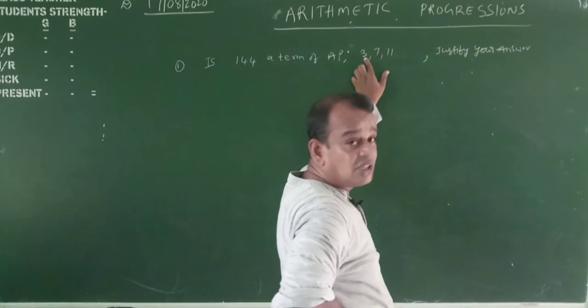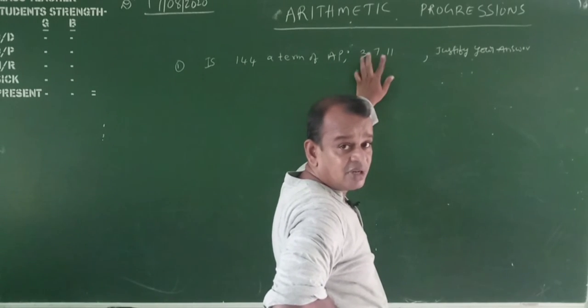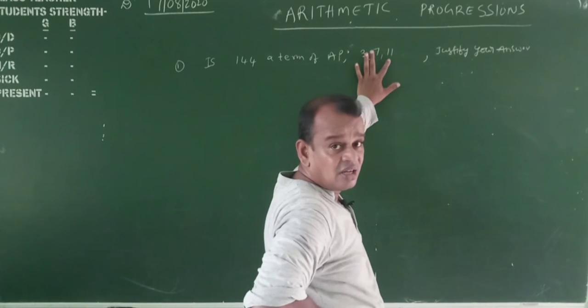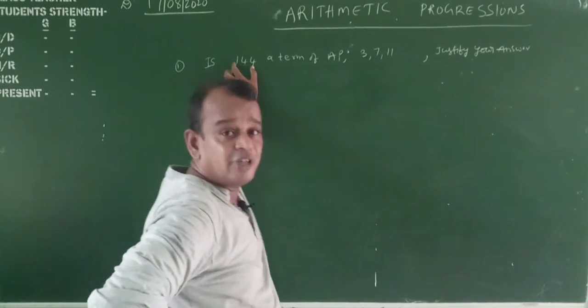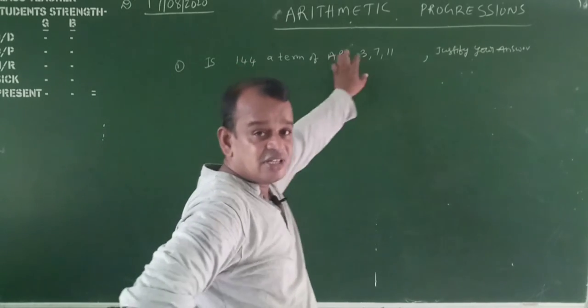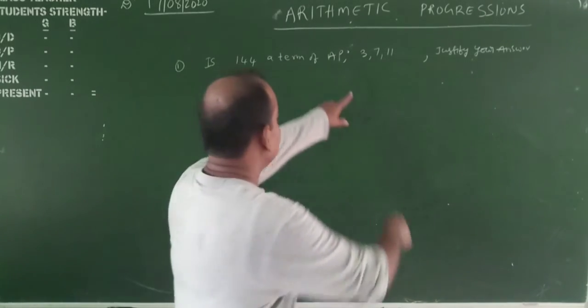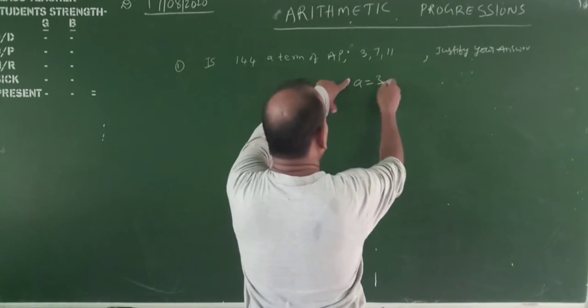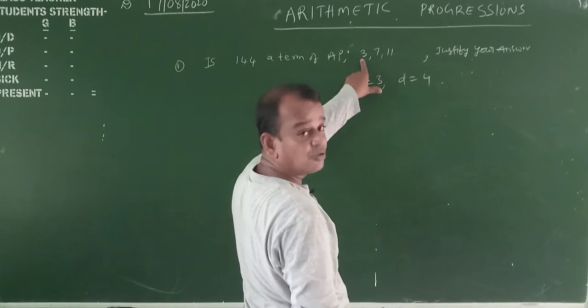Observe that. 3 is an odd number, 7 odd, 11 odd. But here 144 is an even number. Is 144 a term in this series? No. Why? Observe that A is equal to 3, D is equal to 4, 7 minus 3 means 4.